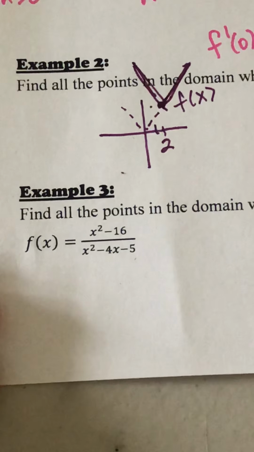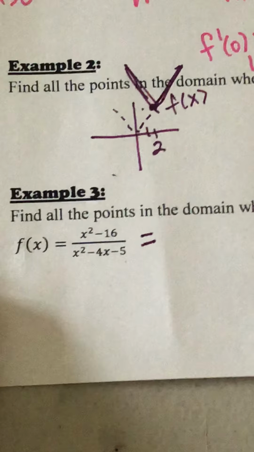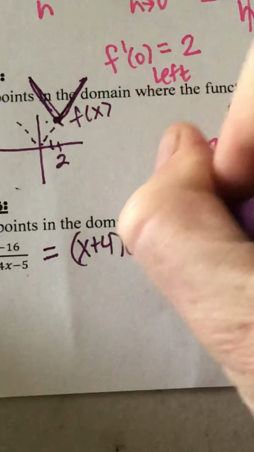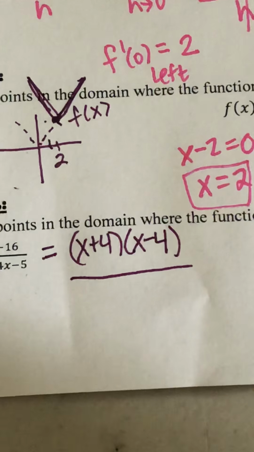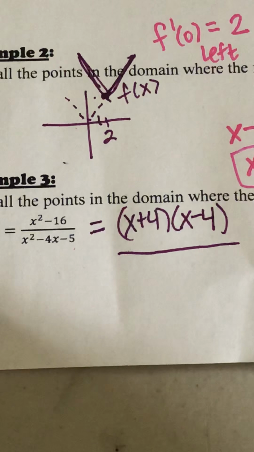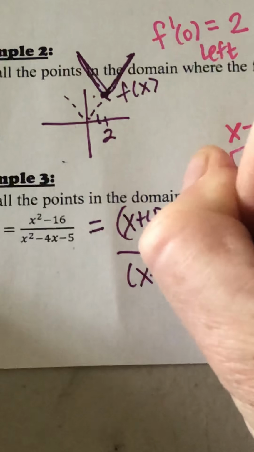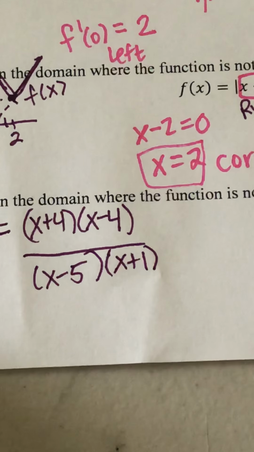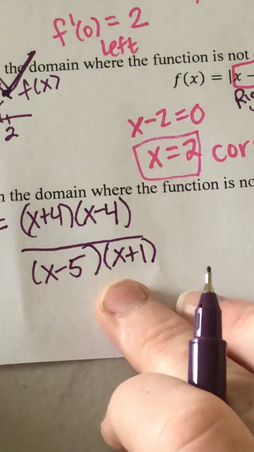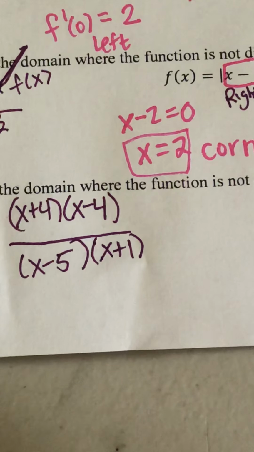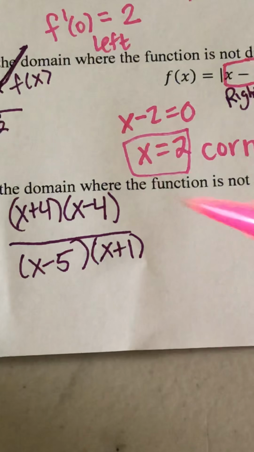If we factor the numerator and the denominator, f of x is x plus 4 times x minus 4 in the numerator, and x minus 5 and x plus 1 in the denominator. Nothing cancels from our factors, so we're not going to have a removable discontinuity. Therefore, we're just going to set the denominator's factors equal to 0.